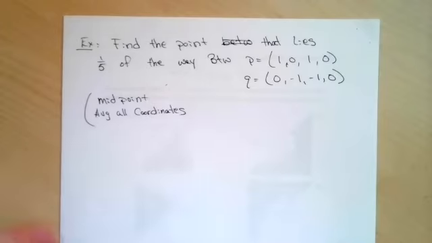And that actually goes for however many points you have. If you have 3 points, like a triangle, and you want to find the average or the midpoint of the 3 points, you just average all the coordinates.